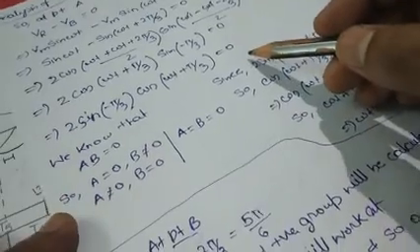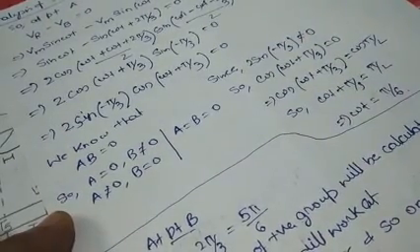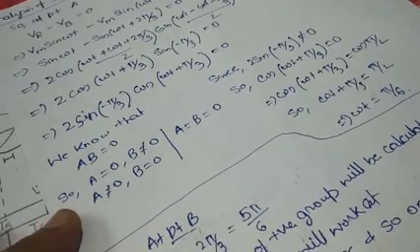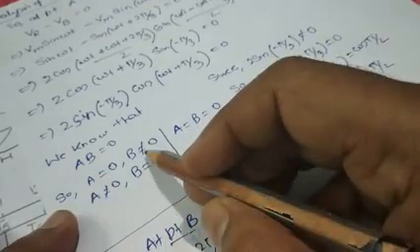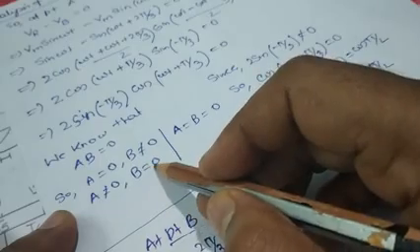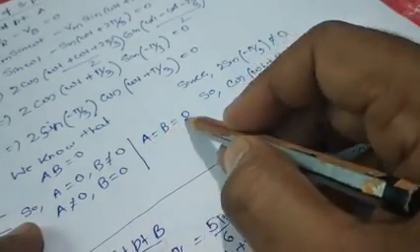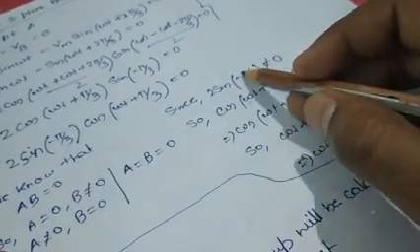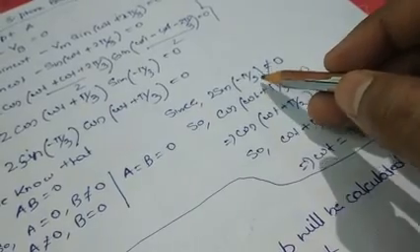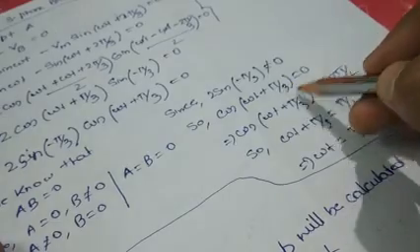If a into b equals 0, then either a or b is 0, or both. But here 2 sin of minus pi by 3 cannot be 0. That's why the term cos of omega t plus pi by 3 will be 0.